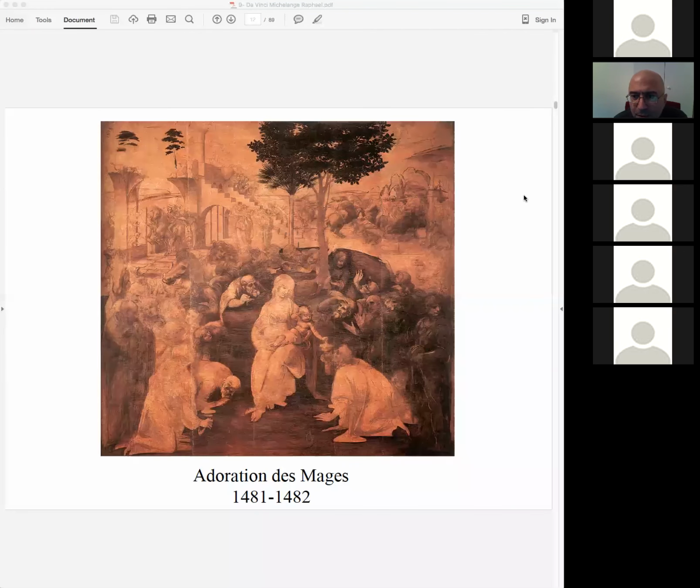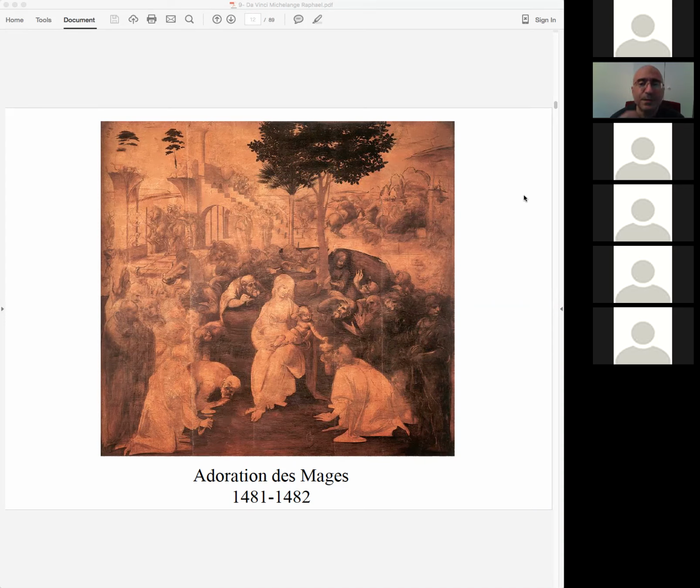Why did Leonardo insist so much on perspective, on showing his ability to make perspective? Well, because after the first Renaissance, an artist who did not know how to do perspective was not taken seriously. If you wanted to be taken seriously as an artist, you had to show an ability to create perspective.